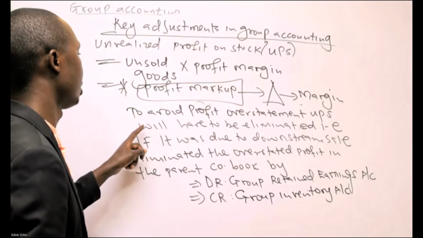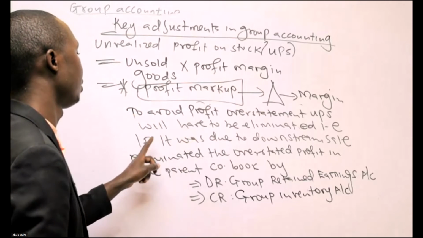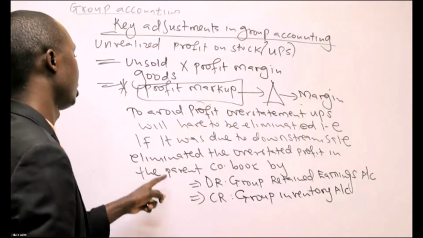So to avoid profit overstatement, UPS will have to be eliminated if it was due to downstream sale.